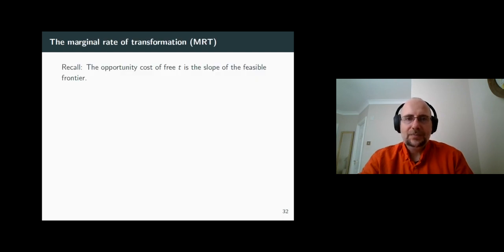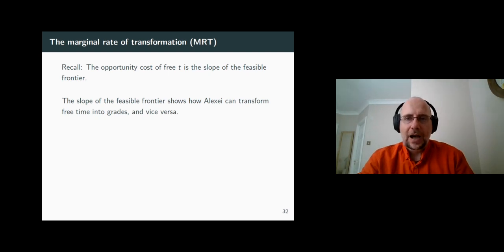So let's summarize. The slope of the feasible frontier is your opportunity cost of free time. But the same slope tells you how you can produce grade points out of free time. That is, it tells you how you can transform free time into grades by working more.